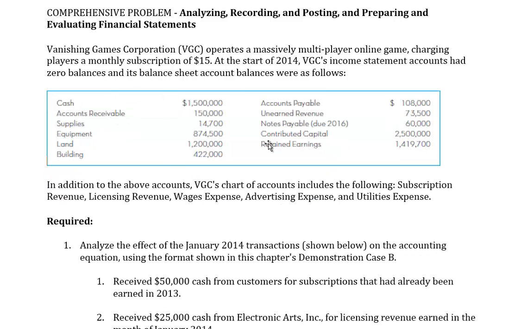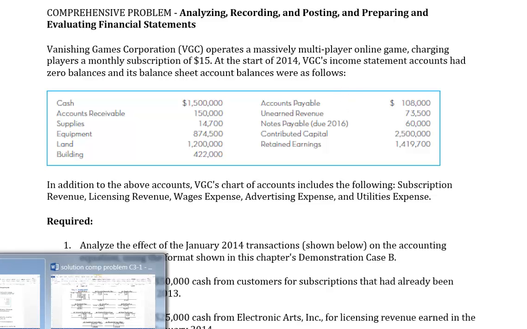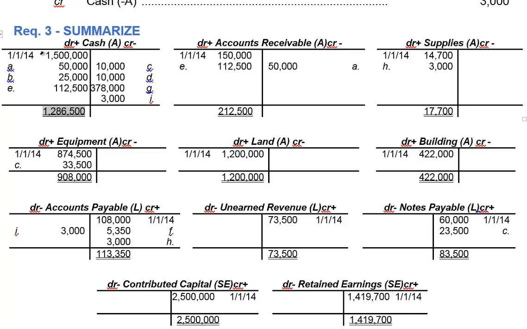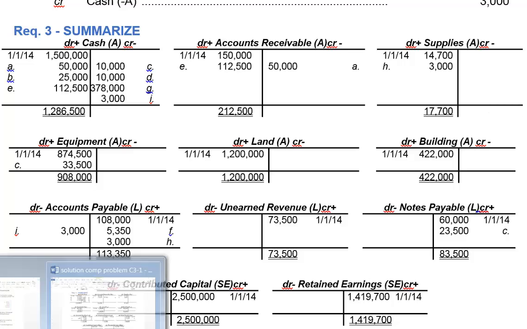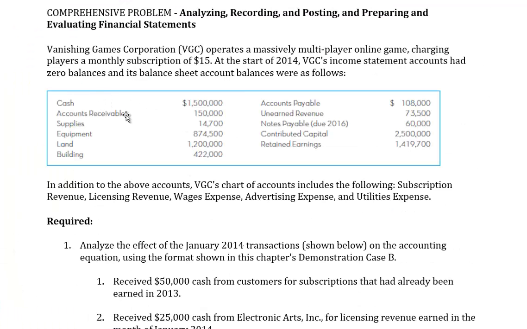What we have to do now is use these as our opening balances for the start of 2014, which is January the 1st. So when we set up our T accounts, here you'll notice that the opening balance for cash, accounts receivable, supplies, etc., you'll see that we have those balances right here, the same numbers.